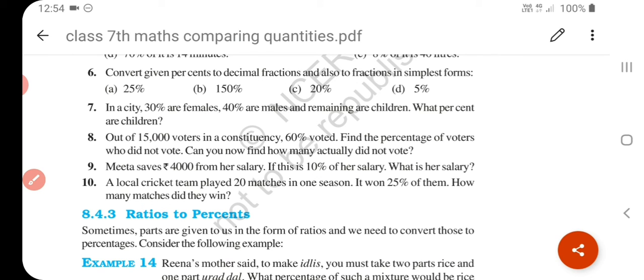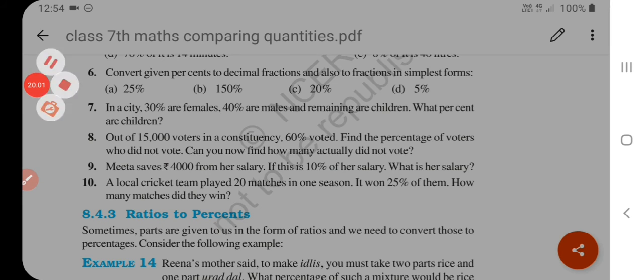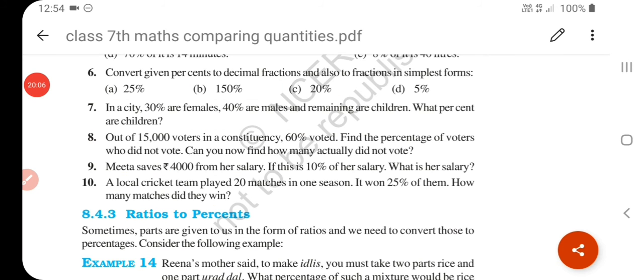Understand. Now question number 10. A local cricket team played 20 matches in one season. It won 25% of them.